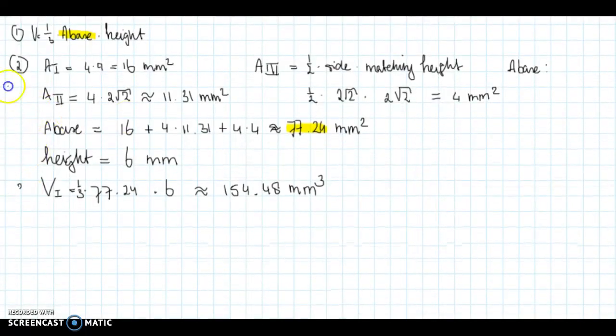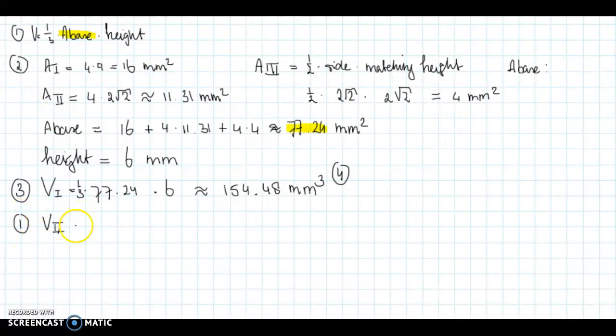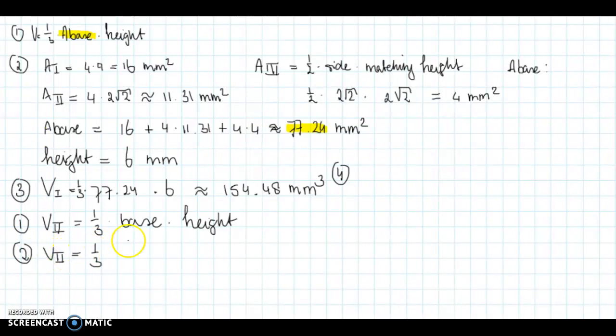By the way, this was step 3, this was step 4, so we're going to repeat our steps, but now for the second pyramid, by saying that's 1/3 times the base times the height of the pyramid. And then in step 2, we can say that the volume is the base, still 77.24, and now times 8, the new height.